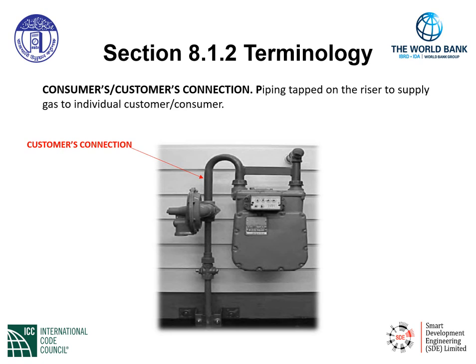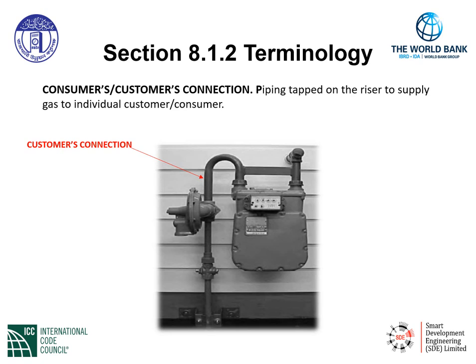Consumer's or customer's connection. This is the next definition or terminology that we need to understand. You recall the point of delivery. The point of delivery is in conjunction with this definition. And this definition states: piping tapped on the riser to supply gas to an individual customer or consumer.